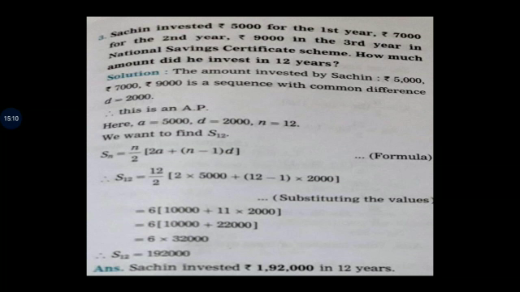So your N is 12. Now you have to make use of the Sn formula, that is S of N, the total sum. S of N is equal to N by 2 into bracket 2A plus N minus 1 into D. Whatever values you have, put them in the formula, and you will automatically get the value of S12.